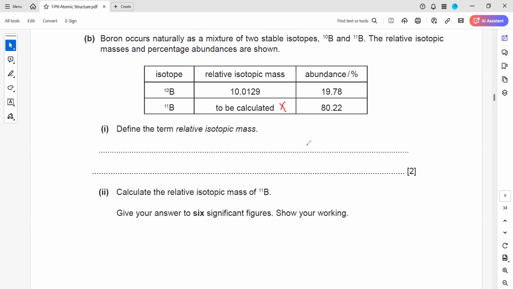So this is unknown, x is there. Percentage of isotope multiplied by its mass. So if we say the average mass of the two isotopes, how can we work out the average mass of the isotope?